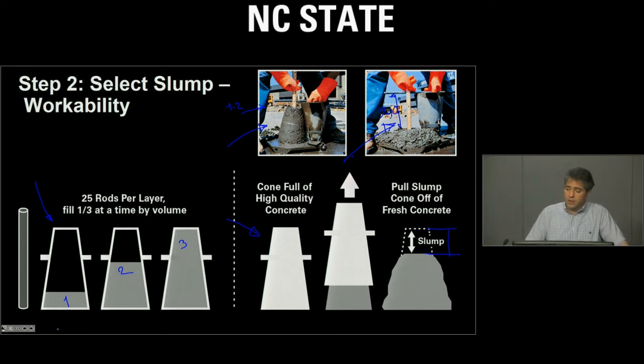And you can see, of course, that the concrete over here is a lot more workable. And I will correct that in a second. I will discuss a little bit more about the workability and consistency. So this is how we measure basically slump of the concrete, and we use this as a measure of workability for a material.